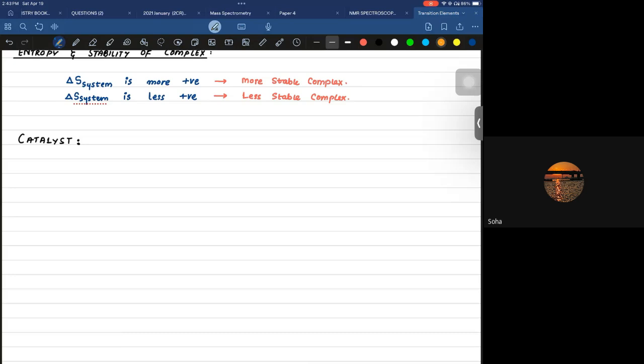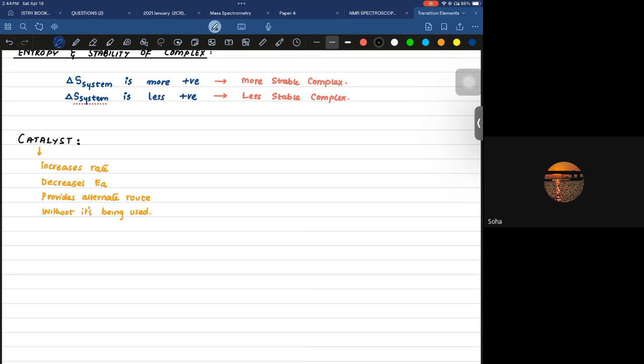Number one thing is that it increases the rate of reaction, decreases activation energy, provides alternative pathway, without its being used.